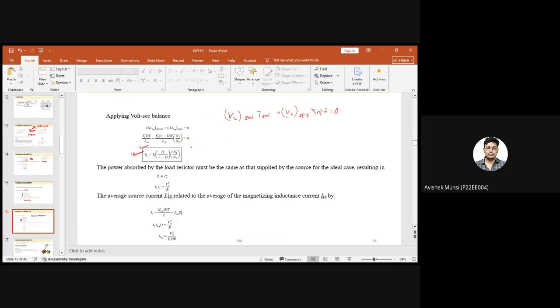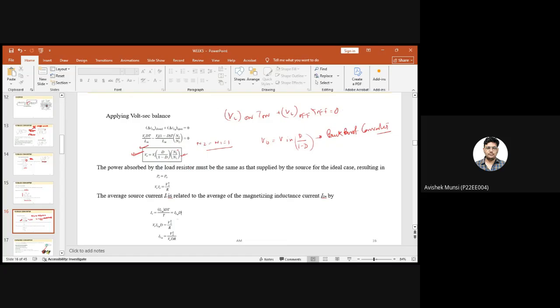So if we have a turns ratio N2 equal to N1 equal to 1, then the equation looks like the equation of a buck-boost converter, right? So basically, my flyback converter is an isolated buck-boost type of converter. Since there is isolation, obviously the turns ratio factor will be added during calculation of the output voltage. Okay.